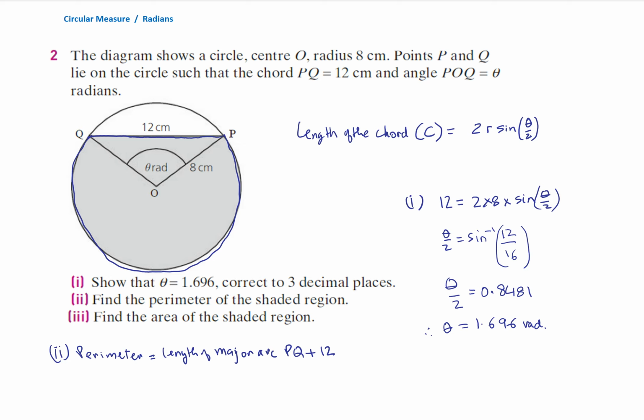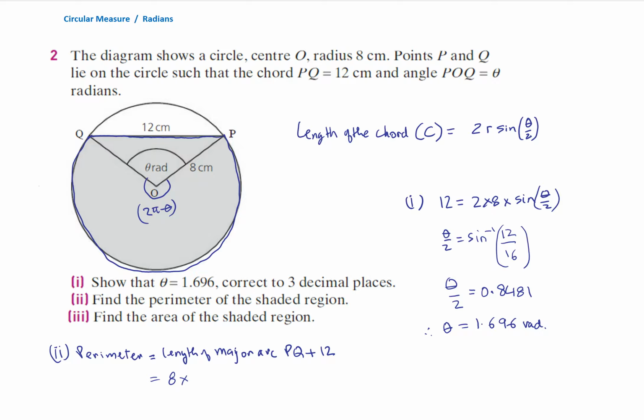So what is the length of the major arc? I would work it out by saying it is r theta. In this case r is 8, and the angle here is 2 pi minus theta.